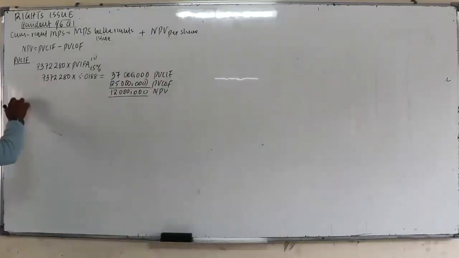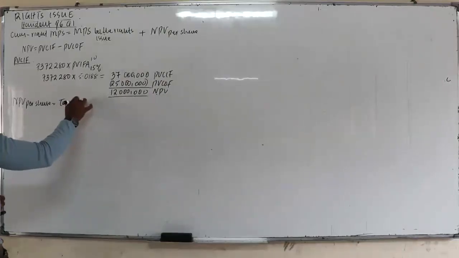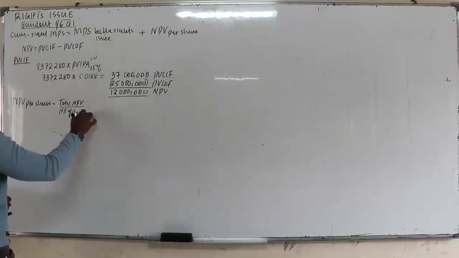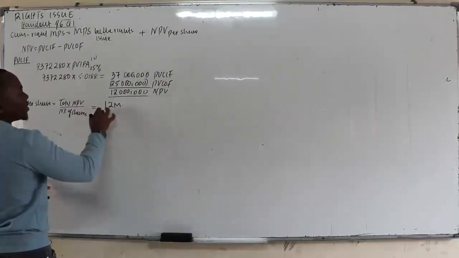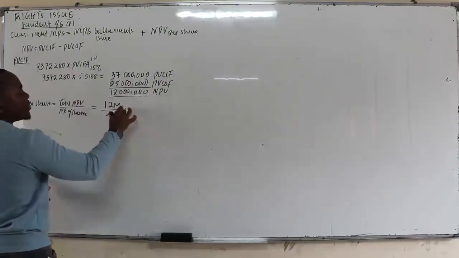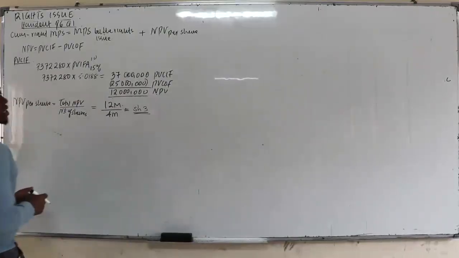So to get the net present value per share, I will take the total NPV and divide by the number of shares. The total NPV we have is 12 million, and we have 4 million shares. And therefore, you get 3 shillings.